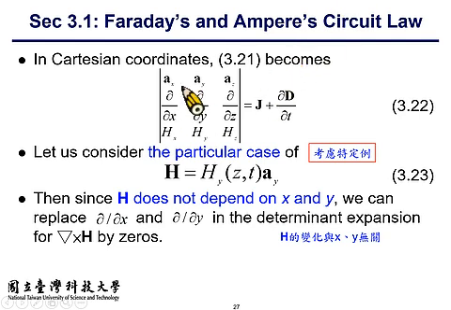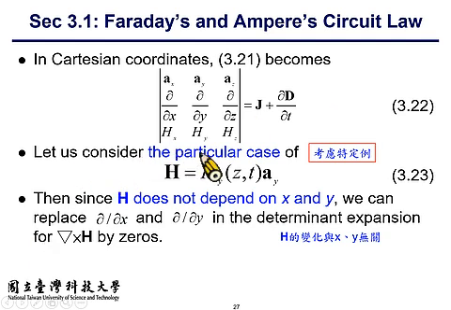So you can remember that to find this, you first do the spatial derivative of Hz toward y minus Hy derivative toward z, and the result is in the x component, something like that.